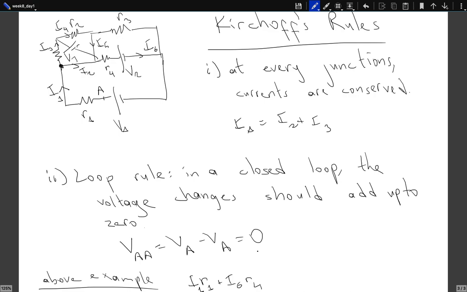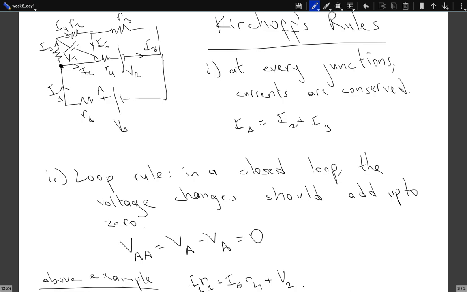Now I am continuing my integration to calculate the potential difference. From this point to this point across the battery, what is the potential change? What is the potential drop? It's just V2. Then let's continue. Across this line, what's the potential drop? 0, because there is no resistance.